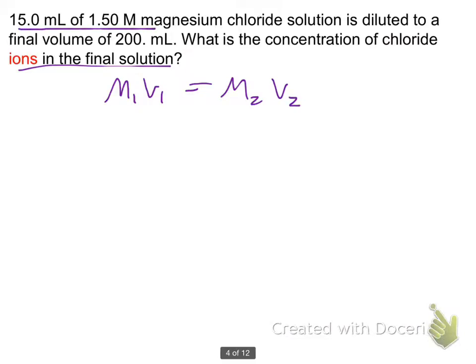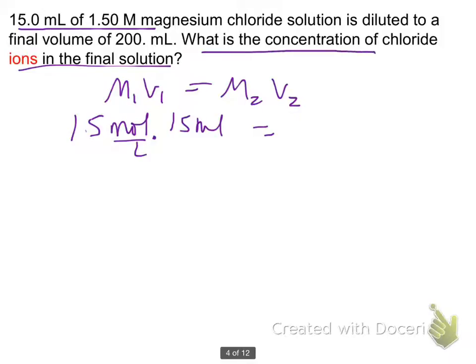I'm diluting it, so I have 1.5 molar, which I can write as moles per liter, times 15 milliliters equals the new molarity I'm trying to find, times my new volume of 200 milliliters.